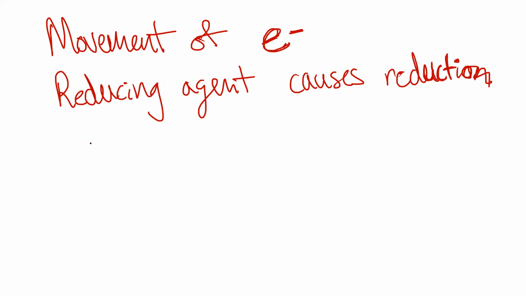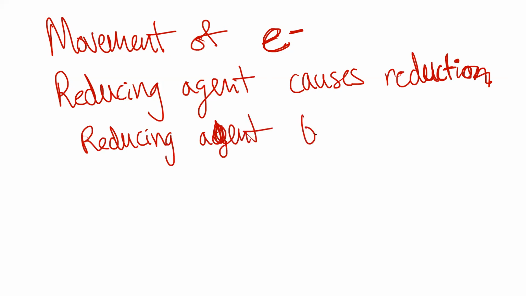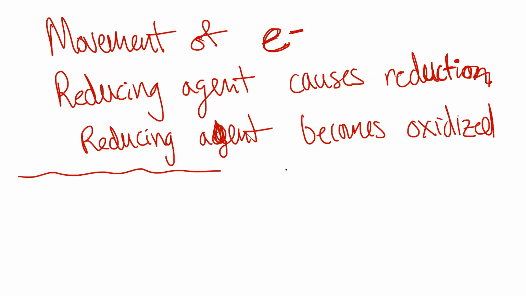If you cause reduction, that means the reducing agent becomes oxidized. So the thing that is oxidized is the reducing agent. That's because if you cause reduction, you're causing something to gain electrons, and if you're causing something to gain electrons, you yourself are losing electrons. Makes sense, right? That's why I love this: if you can follow the logic, it's irrefutable.